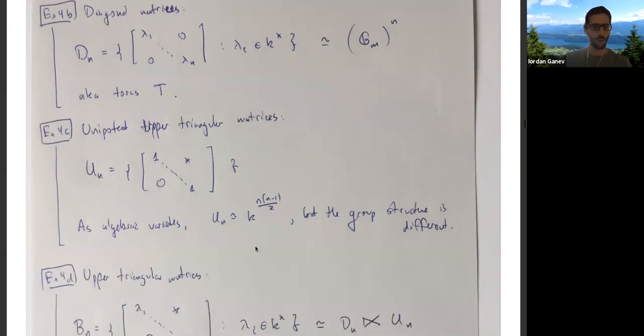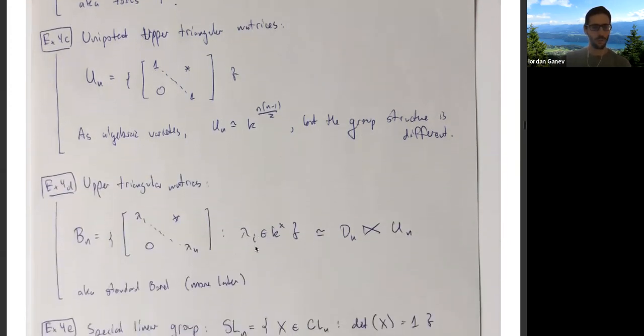Okay, so those are the unipotent matrices, and we also have the upper triangular matrices. B will stand for Borel, more on that later. These are like the unipotent ones, upper triangular, but we allow anything on the diagonal. Since the determinant is the product of the diagonal entries, we need all these entries along the diagonal to be non-zero. In fact, this is a semi-direct product.